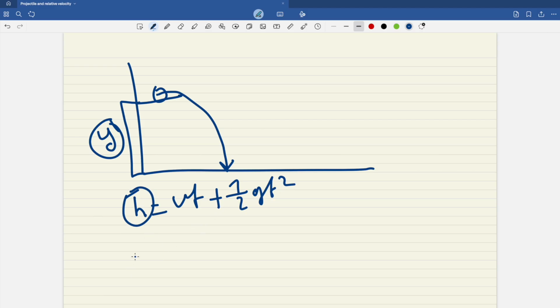This h is the displacement for the vertical axis, let's say. So y minus y naught is ut plus half g t square actually.